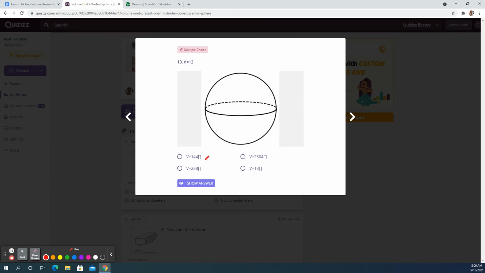All right, looks like that's our pi symbol here. Diameter is 12, so I encourage you to draw it if you don't see it, so that we need the radius. The radius is going to be half of 12, which is 6. Volume is equal to 4/3 pi r cubed, and we're plugging in 6 for r.